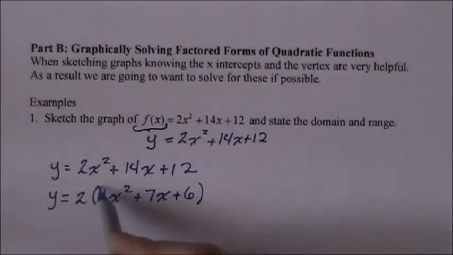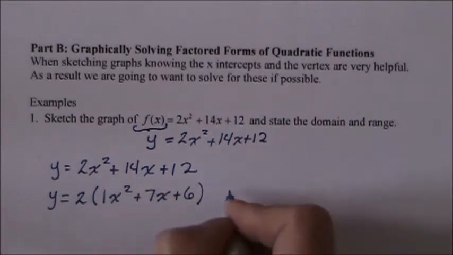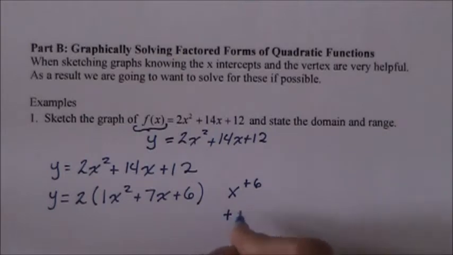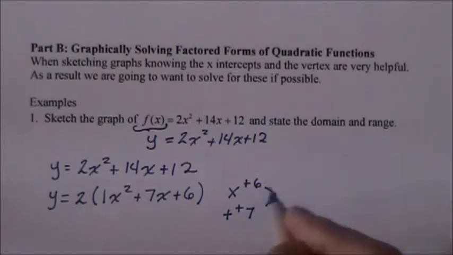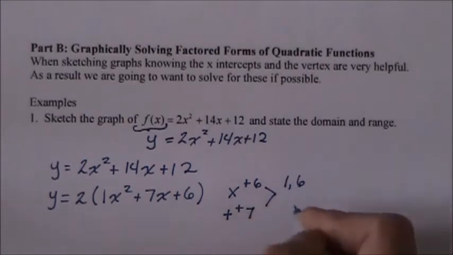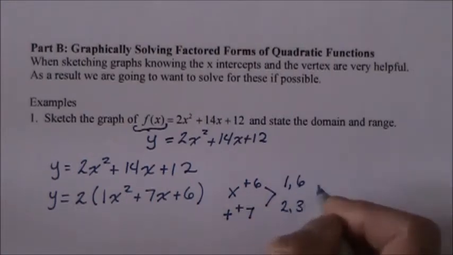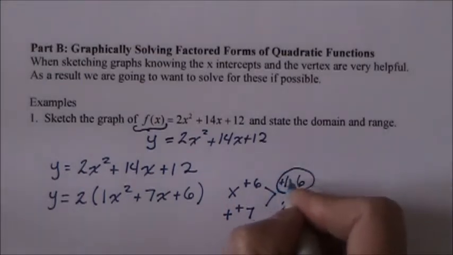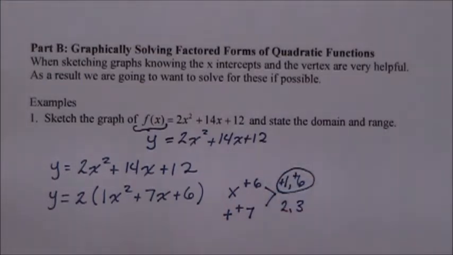We now have our 1 in front of our x squared, so we are looking for two numbers that multiply to give us positive 6 and add to give us positive 7. Looking at our factors of 6, we have 1 times 6, 2 times 3. 1 times 6, if they're both positive, will get us that positive 7 when we add them.